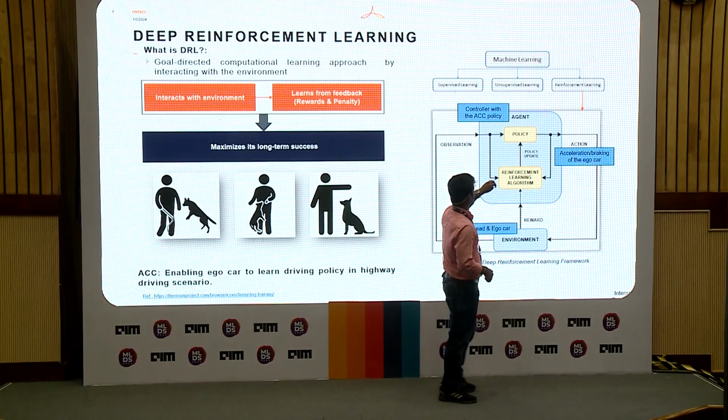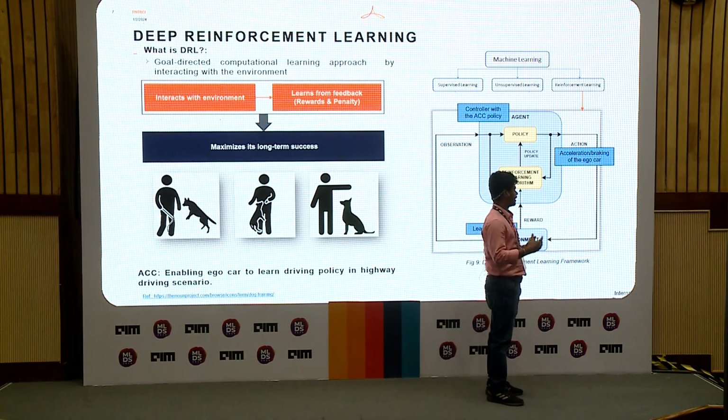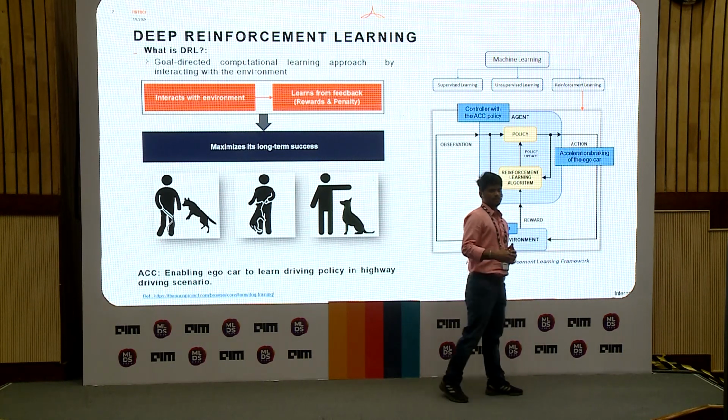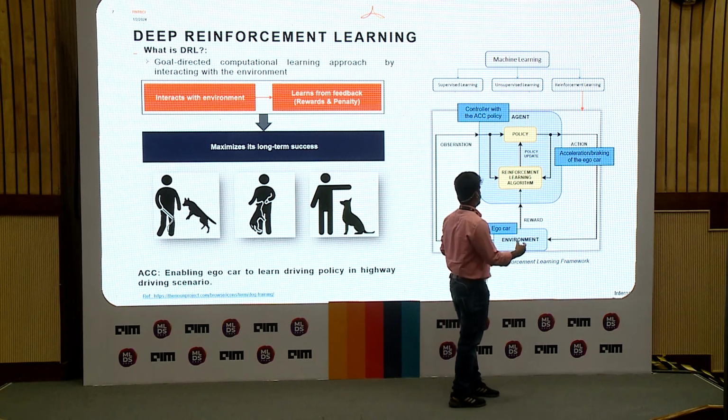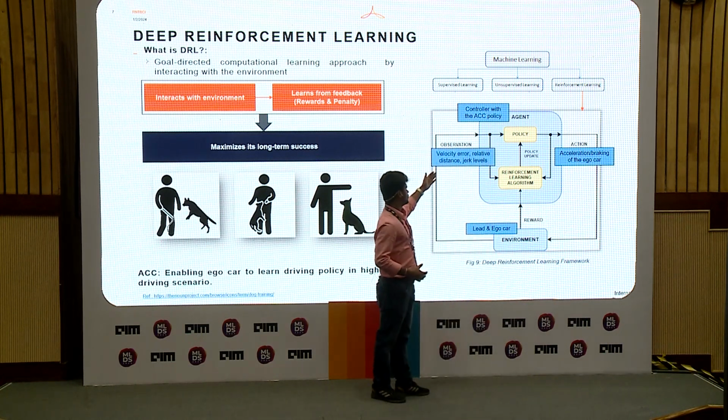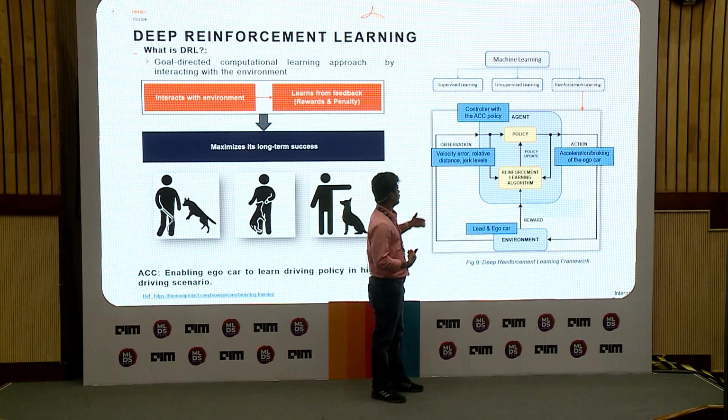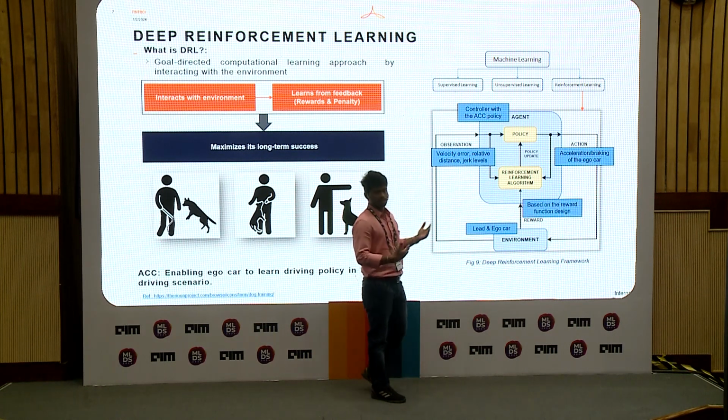Next is the action, which is very simple: the acceleration and braking to control the longitudinal dynamics of the car. Our observations would be the velocity error between the lead car and the ego car, where the ego car is our car, and the relative distance and the jerk level of the ego car.